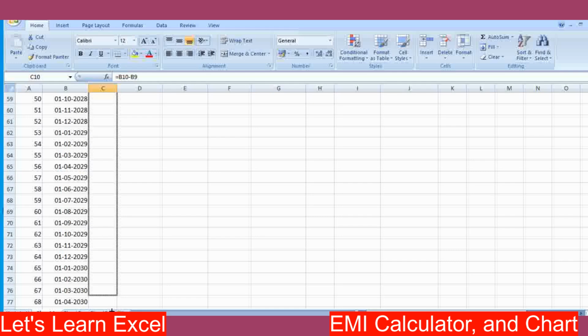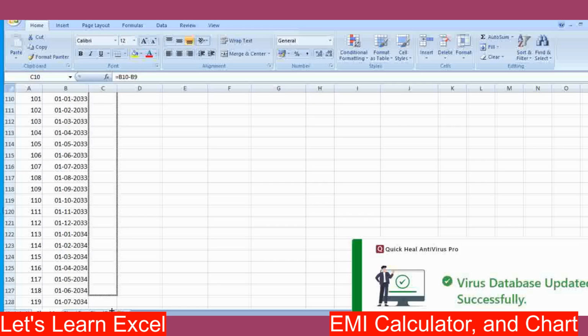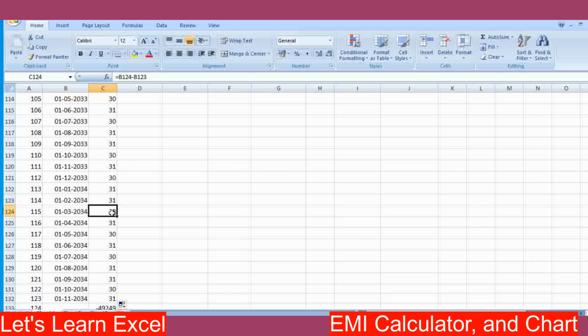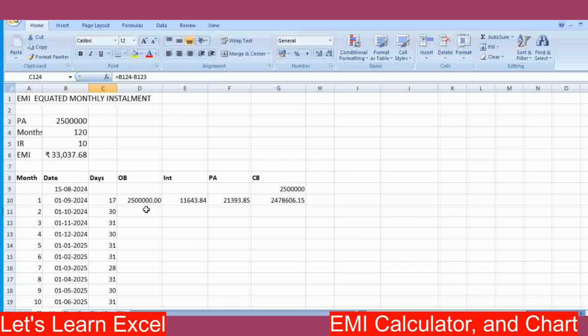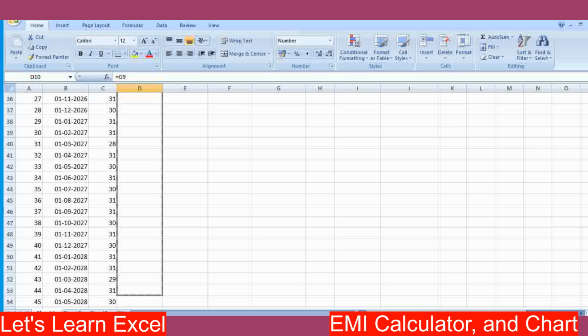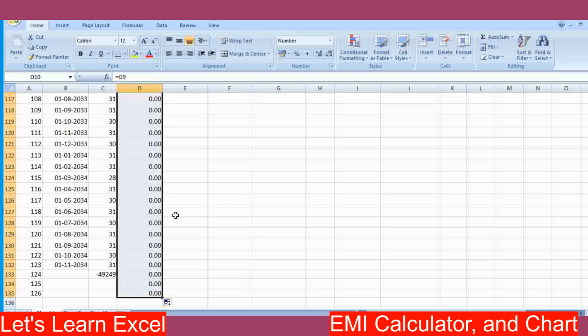Only simply by subtracting the lower date from the higher date. Right. Okay, see here February to March 28 days, right? Okay. Now here again it's a formula, so we will have to copy this. Right. Okay.